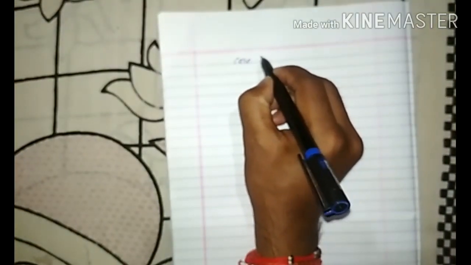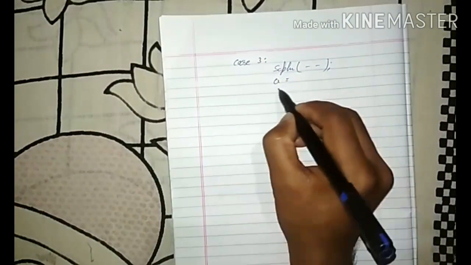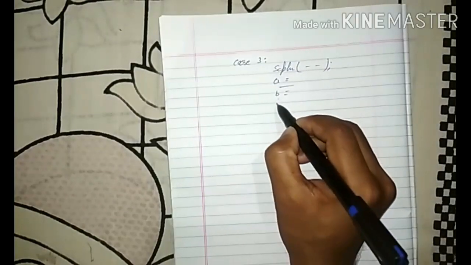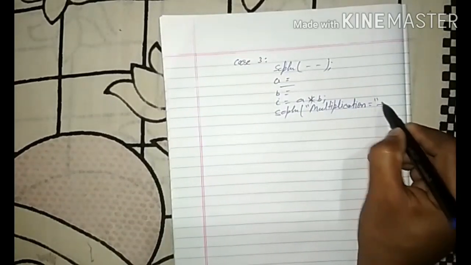I am writing case 3, you know, SOPLN, I think you know, that's why I'm not writing here A, and same thing for B, and C is equal to A multiplied by B, and you have to print multiplication is equal to plus C and break.